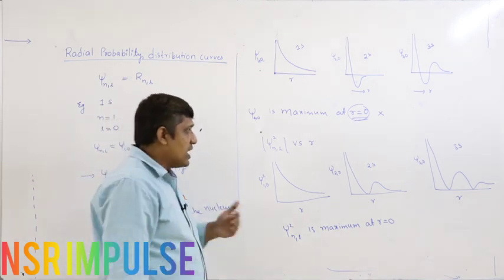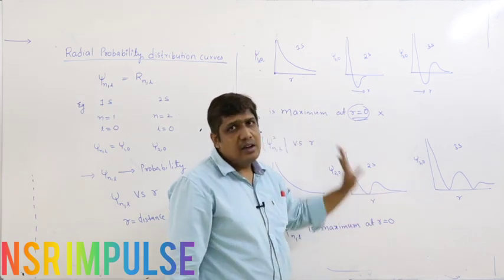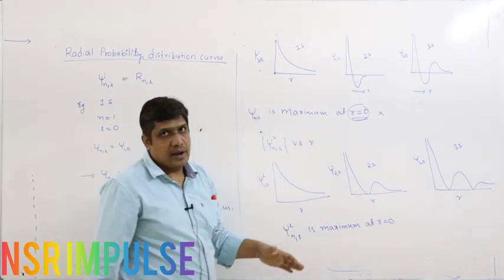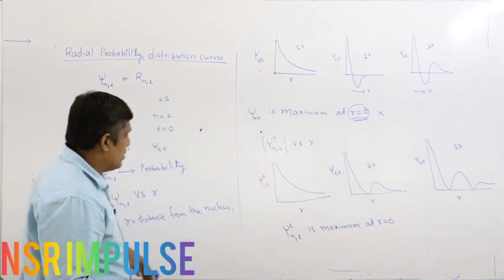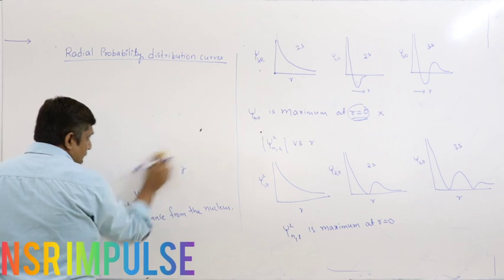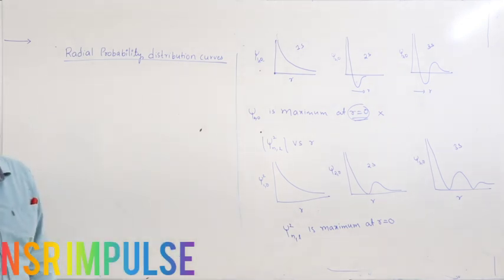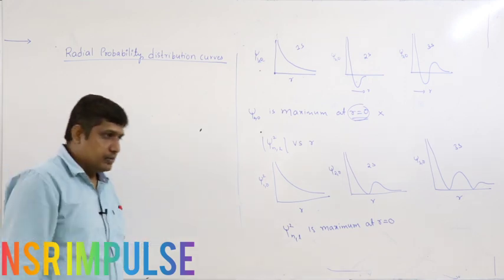But one advantage over the previous one is that here the probability values are not negative because we are taking psi square. But anyway, from these two graphs we can conclude that neither psi n comma l nor psi square gives the probability of finding electron.